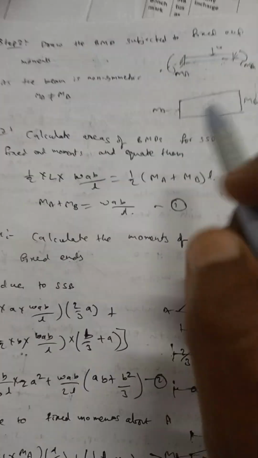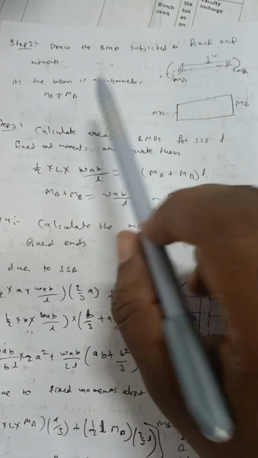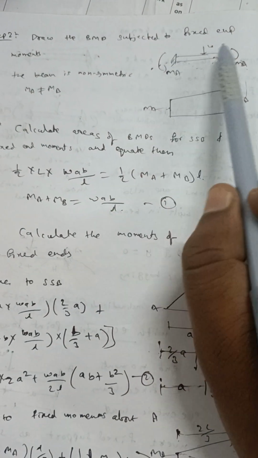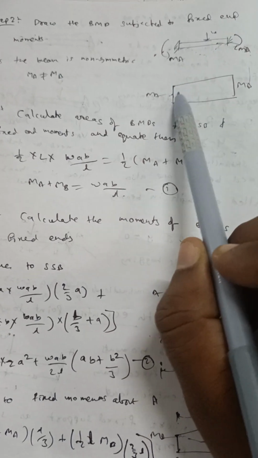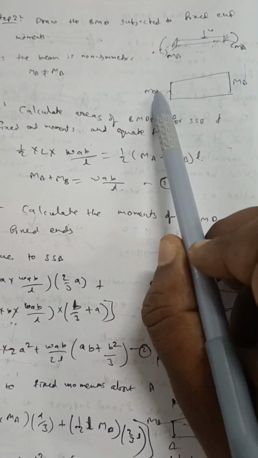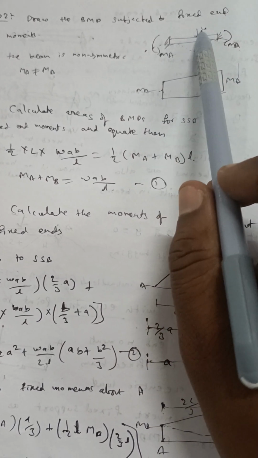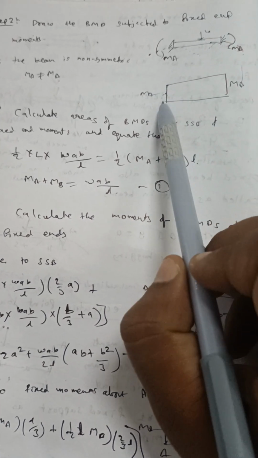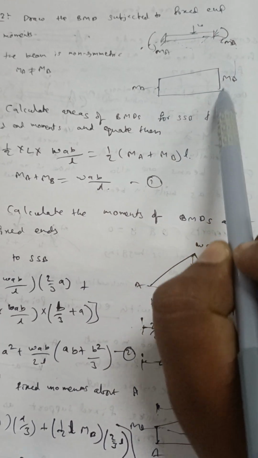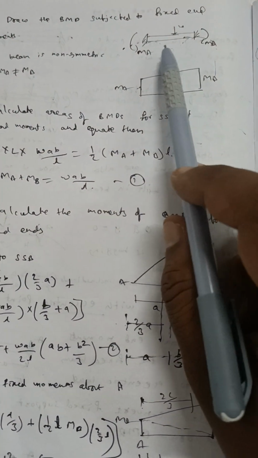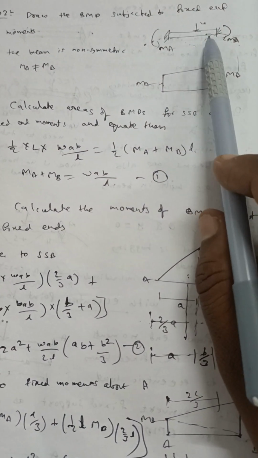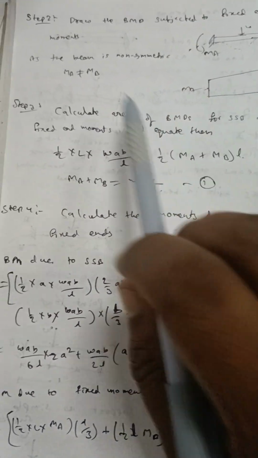Step 2 is to draw the bending moment diagram subjected to fixed end moments. For this we are taking only the fixed end moments MA, MB. The bending moment diagram is this one. As W is acting here, it will be MA here, and MB will be in this way. As it is not acting at the center and not symmetric, MA will not be equal to MB.